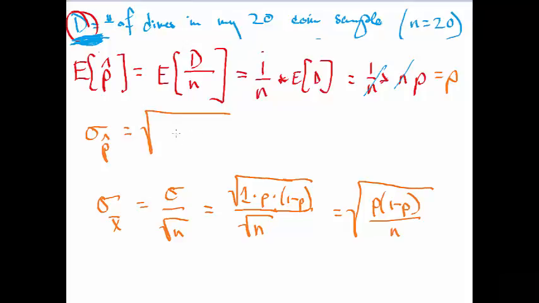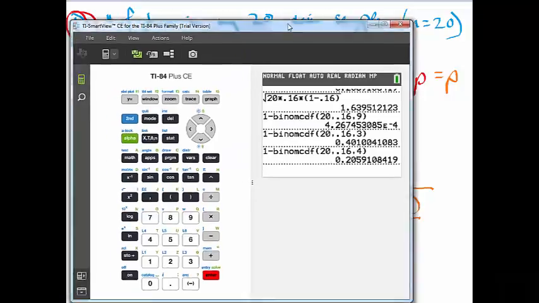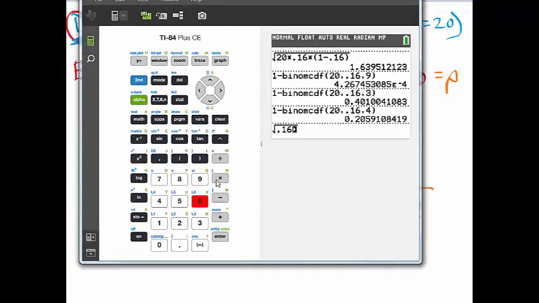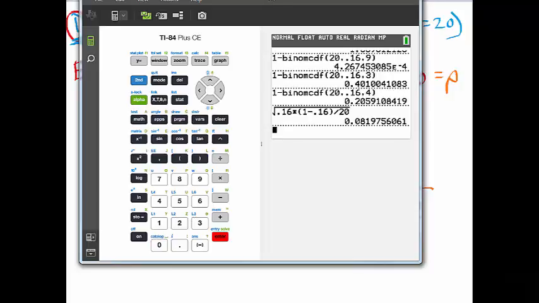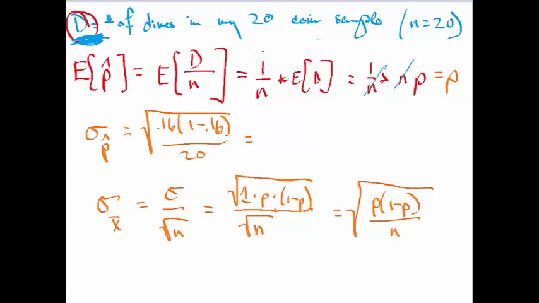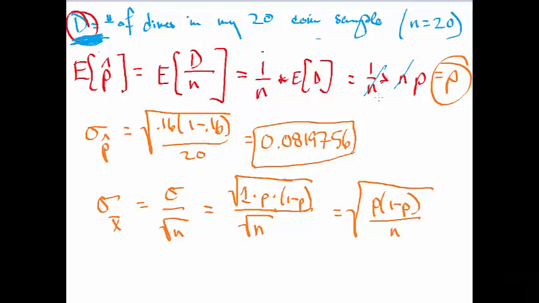It's going to be the square root of 0.16 times 1 minus 0.16 over 20. If I do that with my calculator, I get 0.0819756. So there's the standard deviation of p hat.